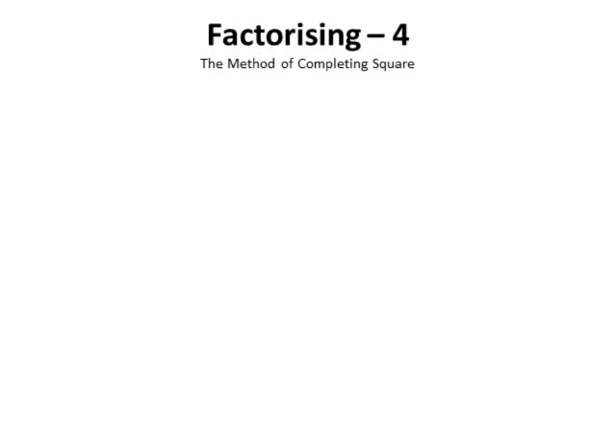Hello, this is the 4th session of factorization, and in this session we focus on the method of completing the square. Let's observe the expansion of a simple perfect square, (x plus or minus m) squared.